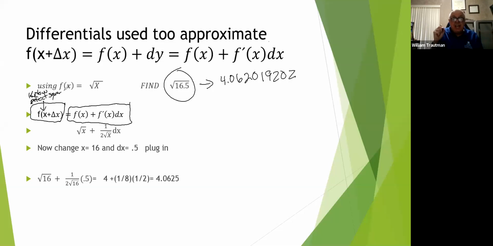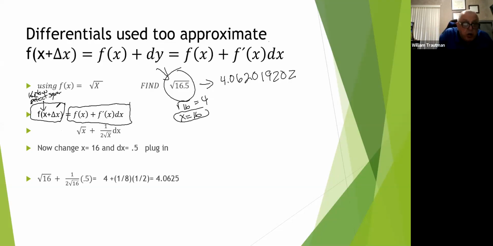So the x has to be a known perfect square. In this problem, our known perfect square is the square root of 16, which equals 4. So x in our problem equals 16. That's our known perfect square. X is 16.